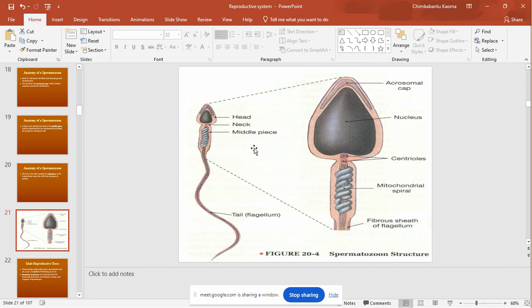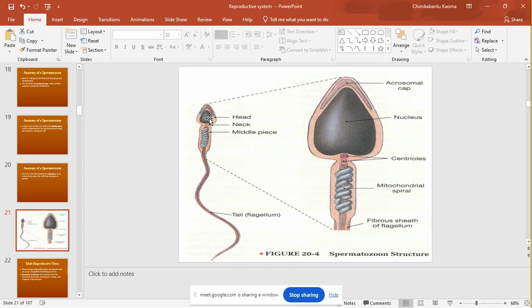So what we are looking at, ladies and gentlemen, without wasting a lot of your time, is the spermatozoa cell. You can see this is the acrosomal cap on top, and this is what we said contains the enzymes and is very helpful in breaking through the wall of the ova during fertilization.